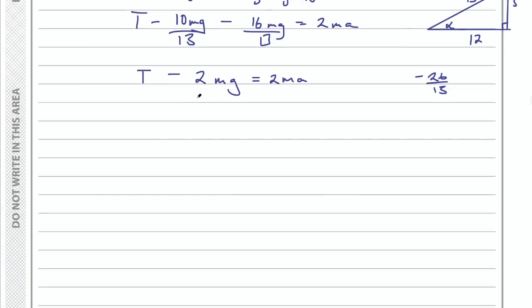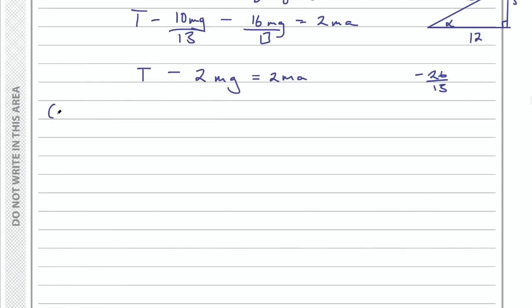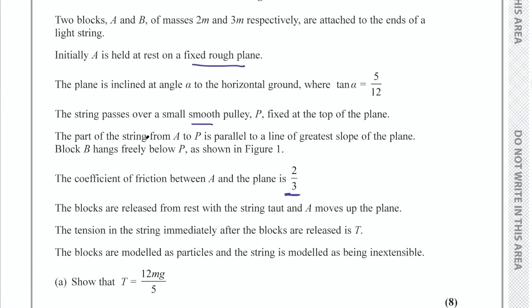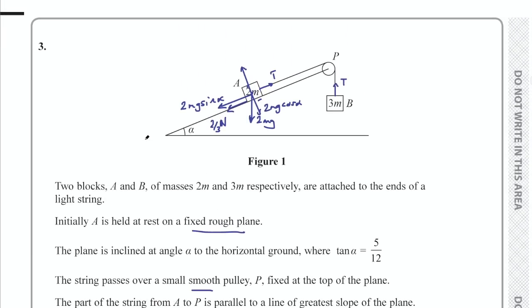Let's move on to block B now. Let's consider block B, and we are thinking about the forces on this acting vertically in the direction of movement. Let's have a look at the diagram again. We have the tension force pulling up on block B, we have the weight pulling down.